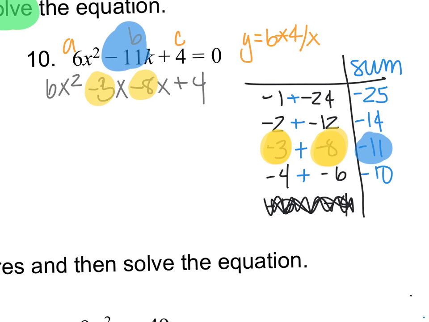Now I can take the time to do my factoring. I do this in pieces, so I break down the first part. Well, 6x squared is 2 times 3, and then 2 x's, minus 3 times x. So I'm going to look to see what these two pieces have in common. Notice they both have a 3 in them. I'm going to write that down.